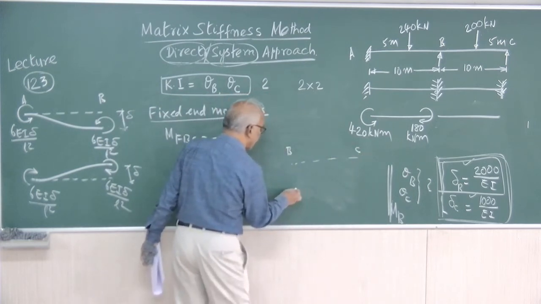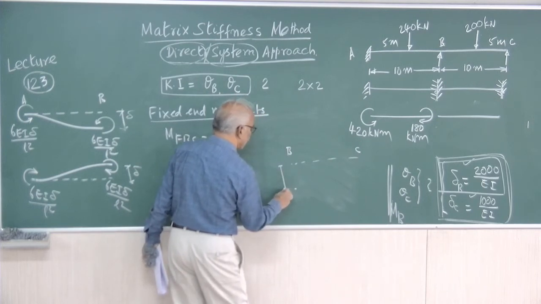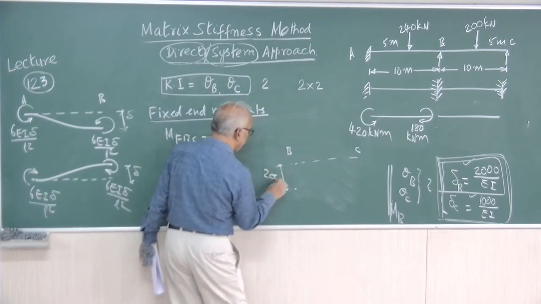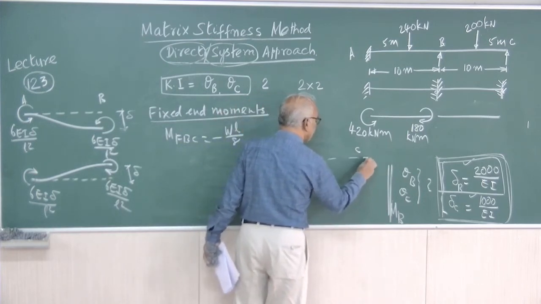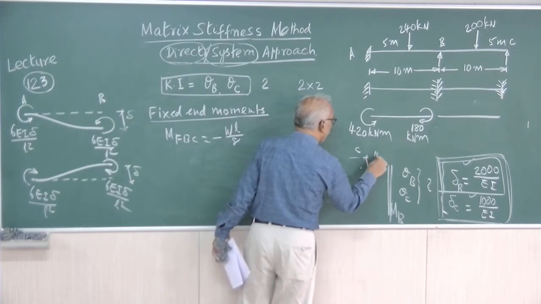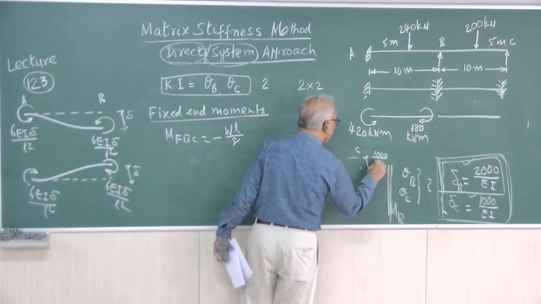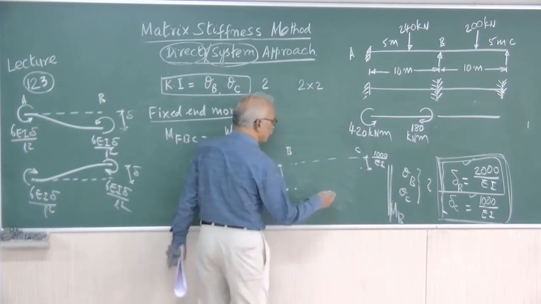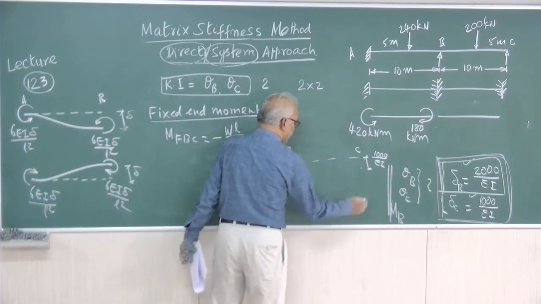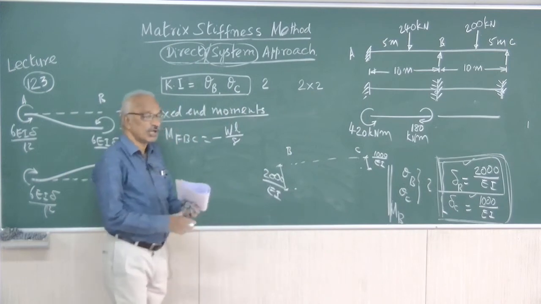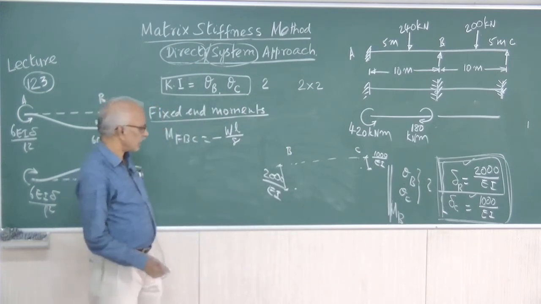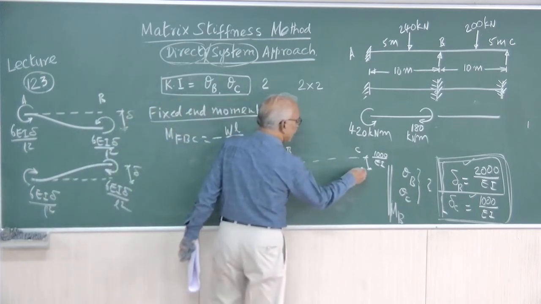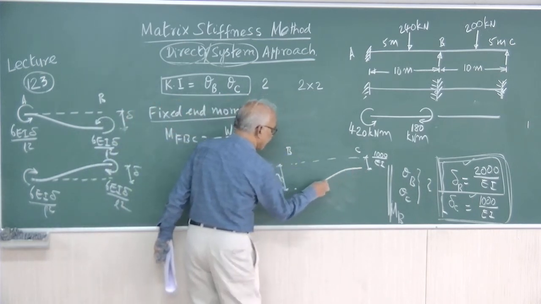Support B settles by 2000 by EI, and this settles by 1000 by EI. This is the new position, and we know we have to allow only one displacement at a time. So it undergoes only settlement. Therefore, this will be horizontal and this again will be horizontal here.